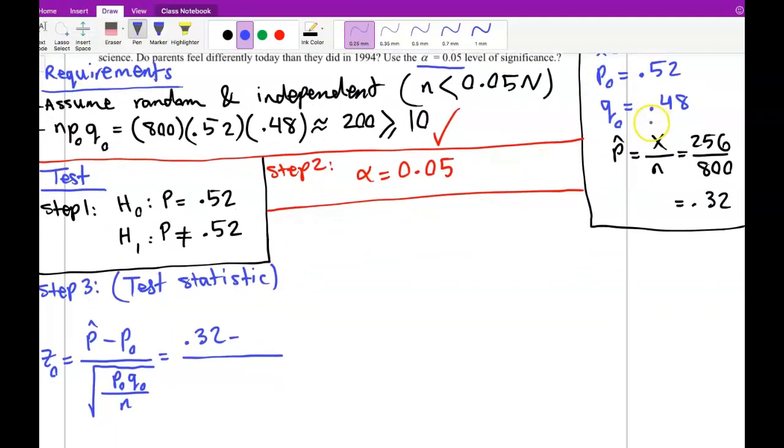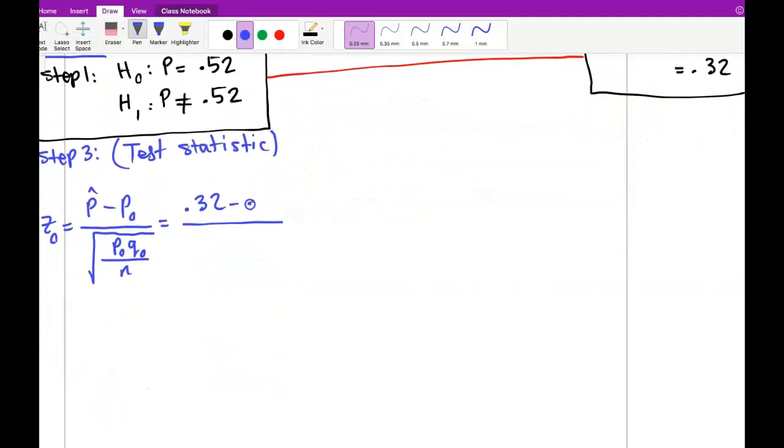And here we had 52%, divided by the square root of 0.52 times q, divided by n as 800. Okay, rounding this, we have negative 11.32.